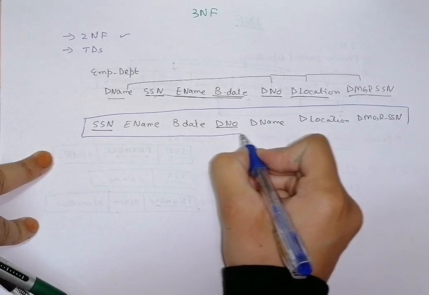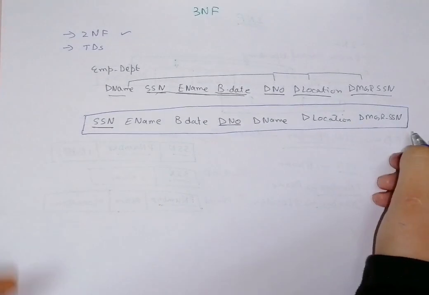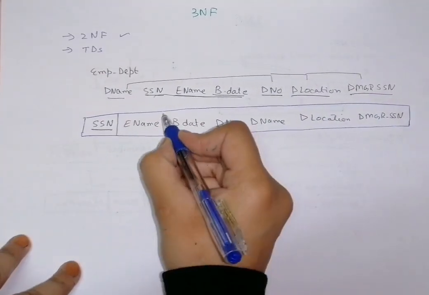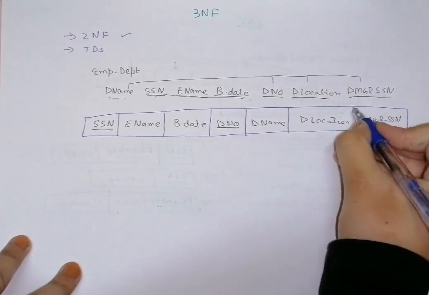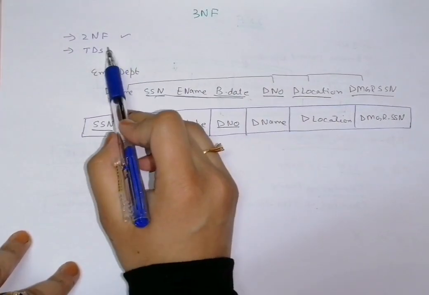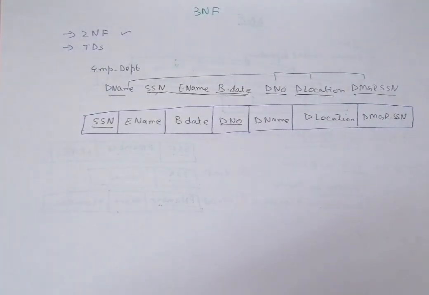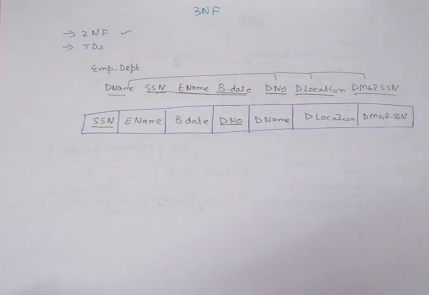Now if I have to determine whether this particular relation is in third normal form or not, I will assume that it does not have any partial dependencies, because it has satisfied second normal form, and now we are looking for the third normal form. So again, here we will look for all the functional dependencies and transitive dependencies especially.